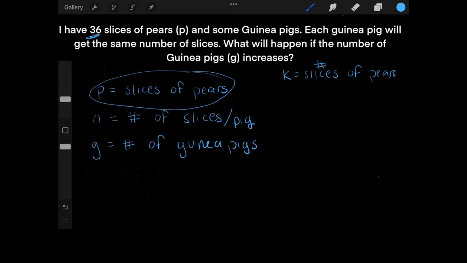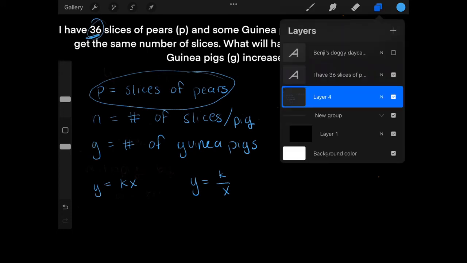Now, let's use both equations and see which one fits best. We have y equals kx and y equals k over x. Well, in this problem, our k, our constant, is 36.